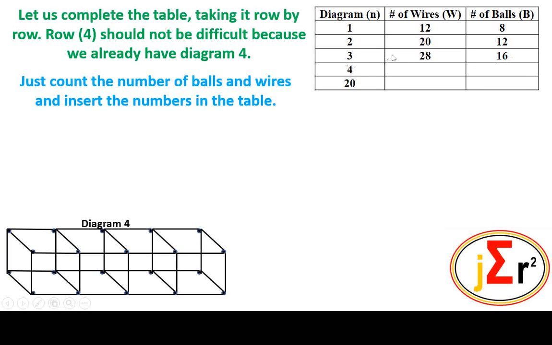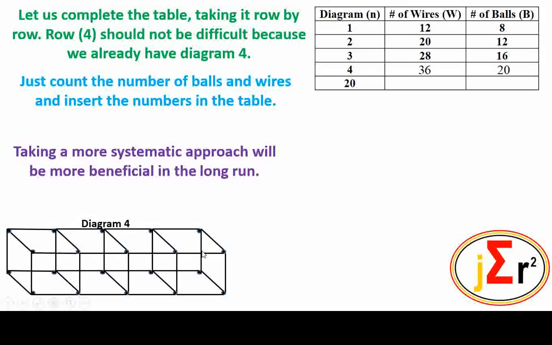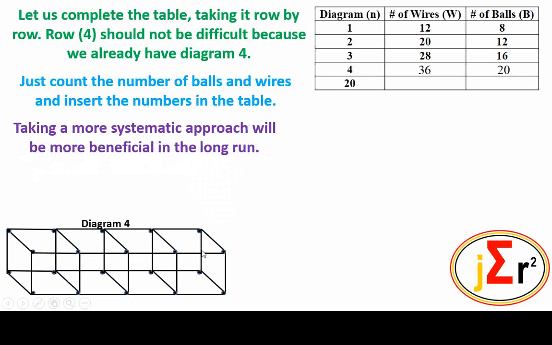We need to add 8 wires to this, which will give us 36, and we need to add 4 balls to this, which will give us 20. We may do that instead of counting all the time, and that is going to be more beneficial in the long run if we take that systematic approach, because the diagram, as a matter of fact, for example, this one is diagram 20, and it might take us the entire day to count all of the wires and balls.